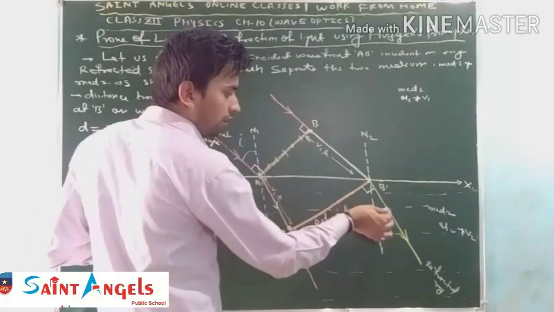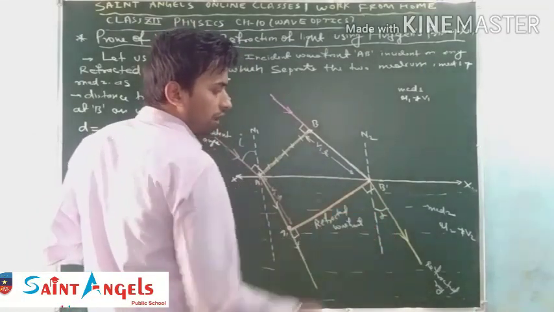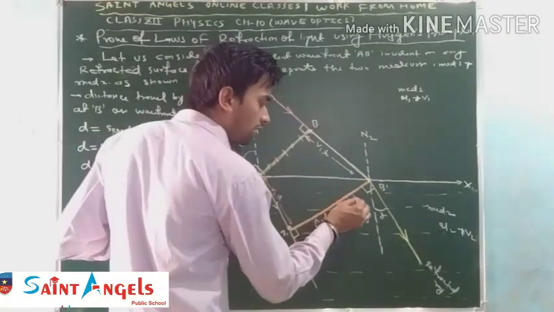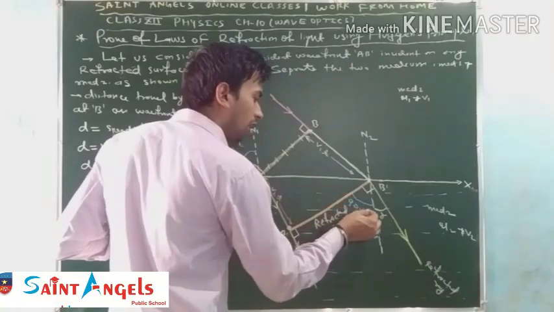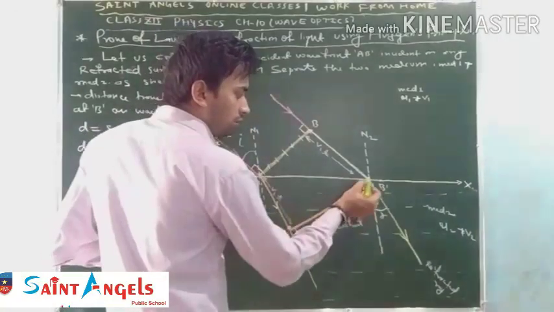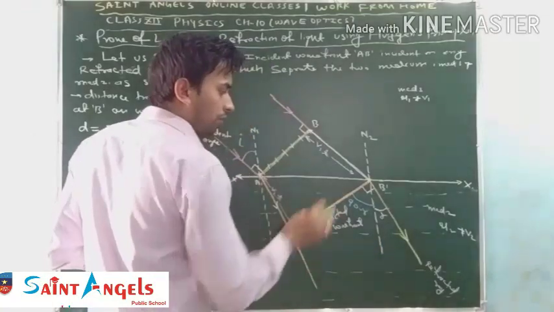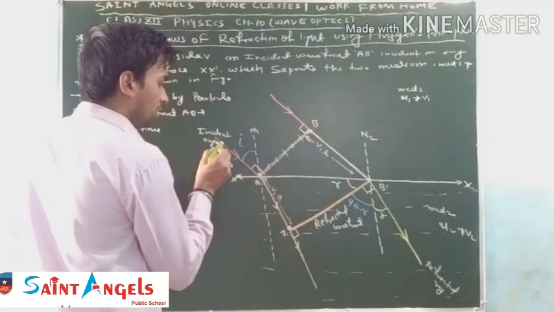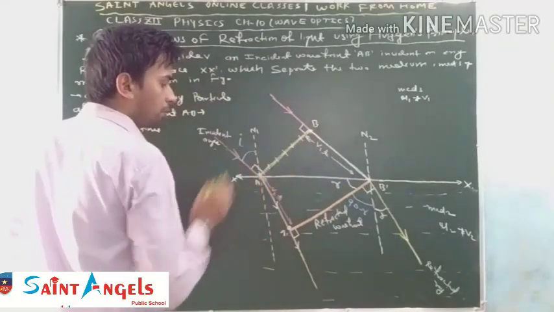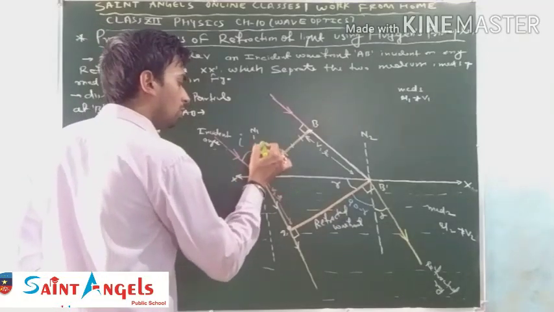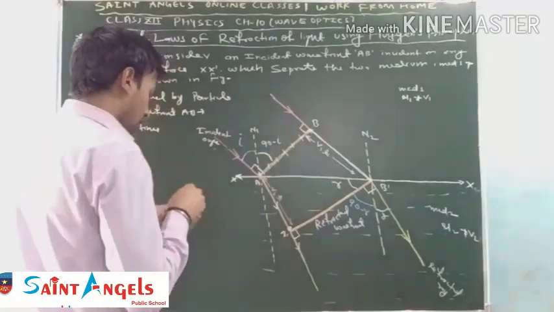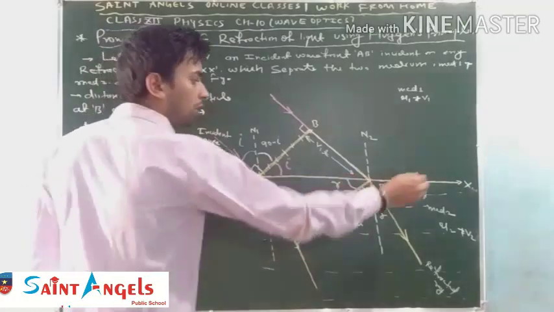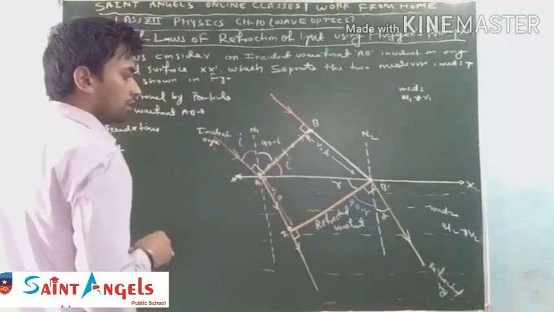Student, it is clear that this angle is equal to r, and we know that the refracted rays and refracted wavefront are perpendicular to each other. That's why this angle is equal to 90 minus r. Here we know that the normal is perpendicular to the surface. That's why this angle is equal to r. Similarly, the incident rays and incident wavefront are perpendicular to each other. That's why this angle is equal to 90 minus I. Finally, this angle is equal to I, because the normal is perpendicular to the refracting surface.